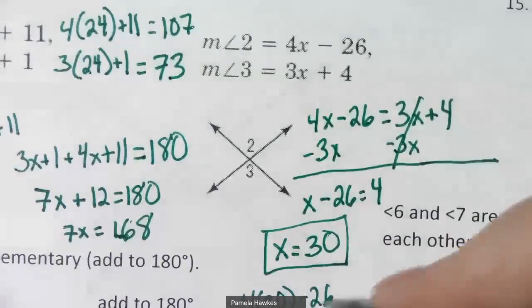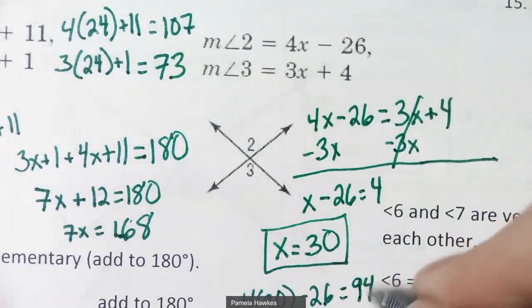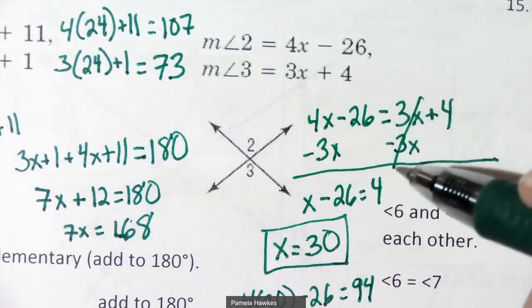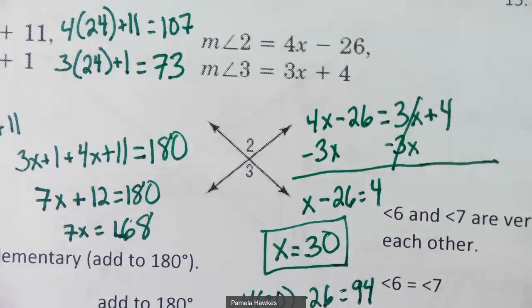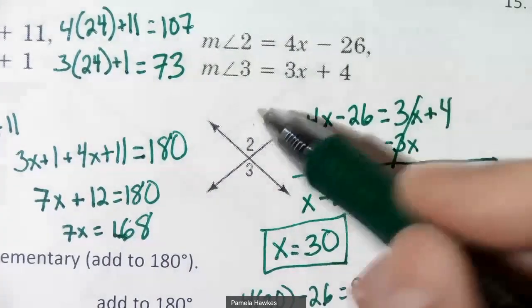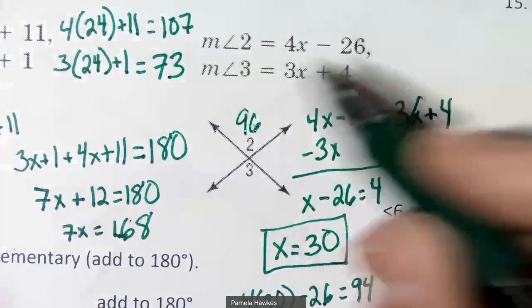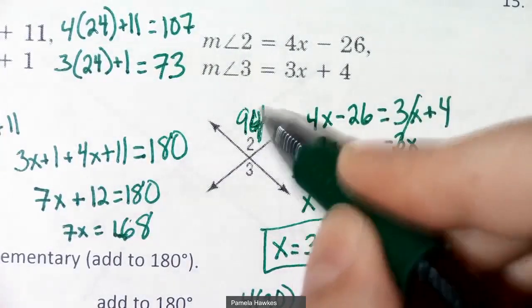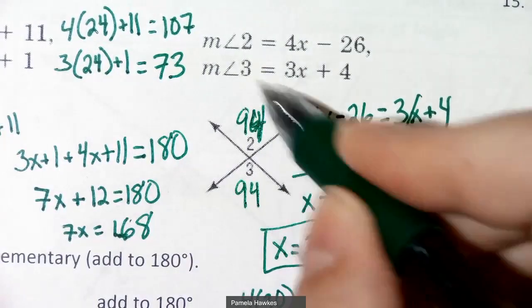Good job. How big is angle 3? Aisha, was that you? How come? Ah, so I know if angle 2 is 94, then this one also is 94, right?